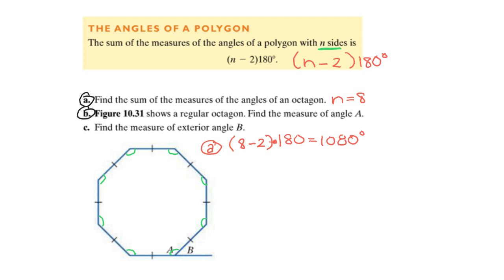Part B is saying, for this figure that's shown, find the measure of angle A. So I'll make this a little bit bolder. This is angle A right here that we're looking for.